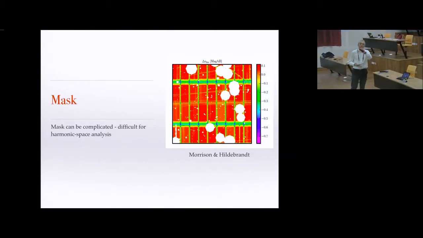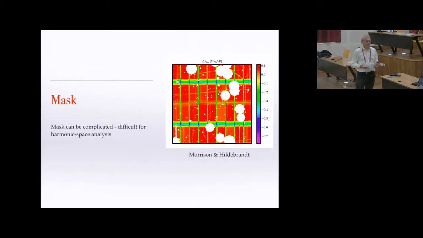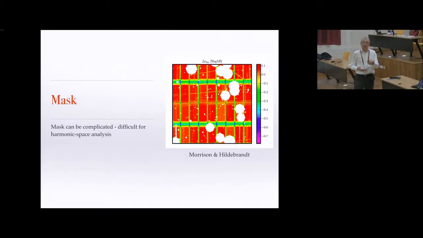It's done by multiple CCDs when this telescope is pointed at different times in different places. So some parts of the sky get observed more often than others. So the red parts get observed more often than the green parts. So there's a variation in the depth of the survey. There's also bright stars involved, and you can't measure the shapes of galaxies in the vicinity of the bright stars. So there are parts of the sky which are removed.